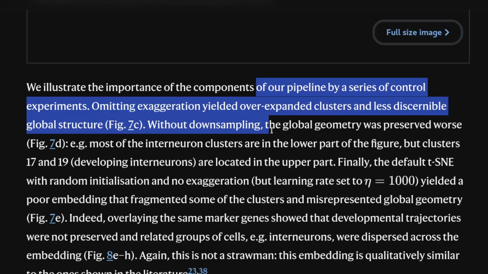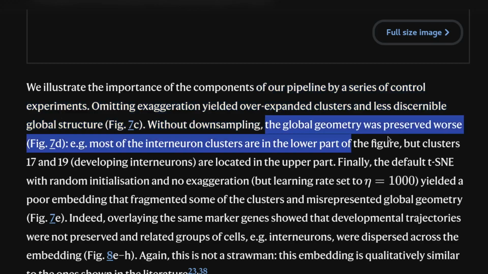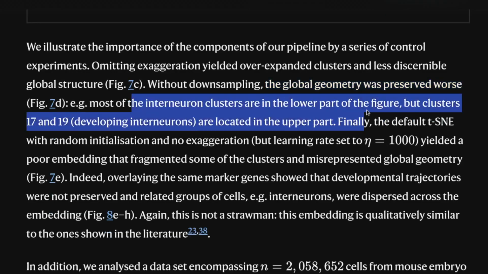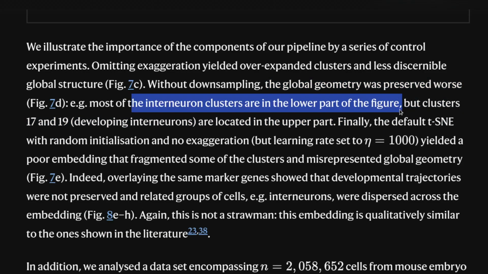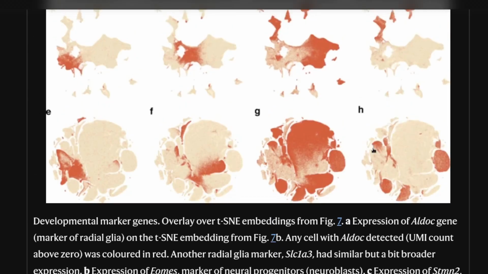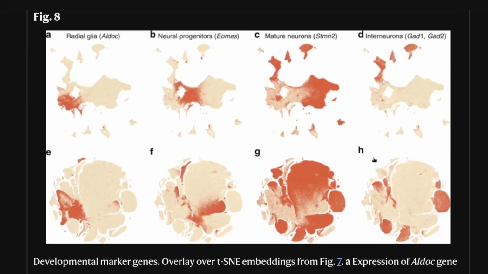For example, most of the interneuron clusters are in the lower part of the figure, but clusters 17 and 19, developing interneurons, are located in the upper part. Finally, the default t-SNE with random initialisation and no exaggeration, but learning rate set to, yielded a poor embedding that fragmented some of the clusters and misrepresented global geometry, Figure 7e.